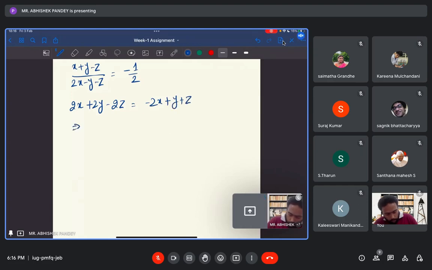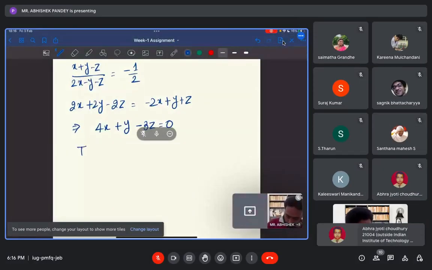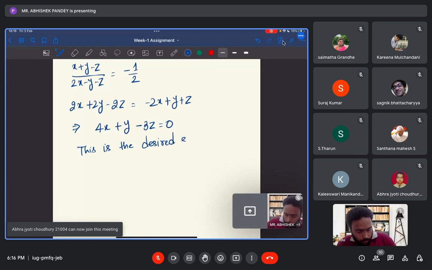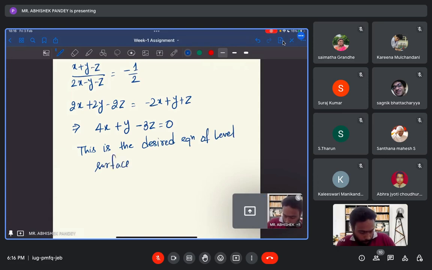This implies 4x plus y minus 3z equals 0. So this is the desired equation of the level surface.